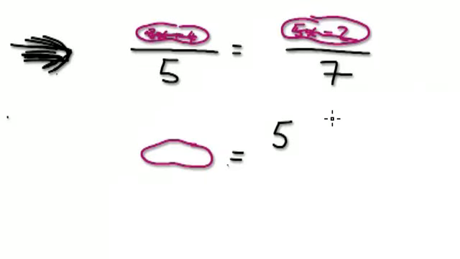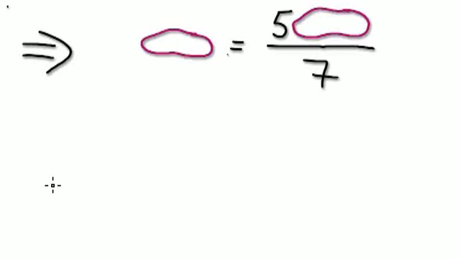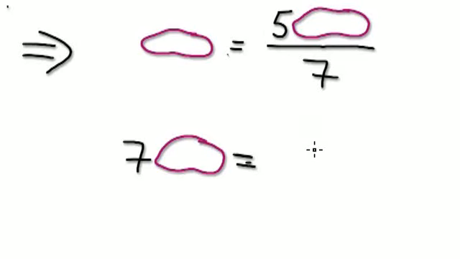We always put the number in front, so 5 bubble over 7. Then inside your mind, multiply both sides by 7. On the left hand side you have 7 bubble, and on the right hand side the two 7's kill off each other, leaving you with 5 bubble.